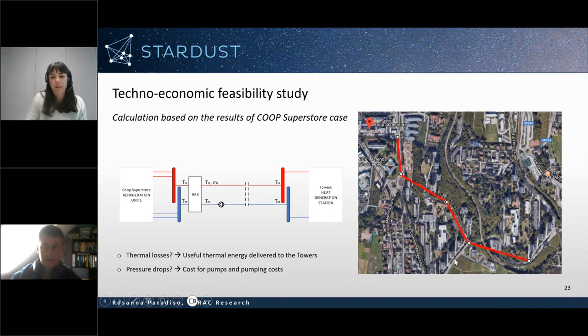On the right side of the slide, you can see a possible layout of the piping, a possible connection from the COP Superstore to the towers.